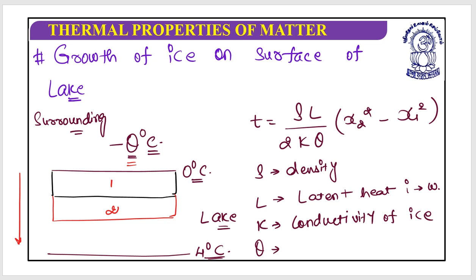This theta is the difference of theta naught, that is the surrounding temperature, to 0 degrees Celsius. This is an absolute difference.